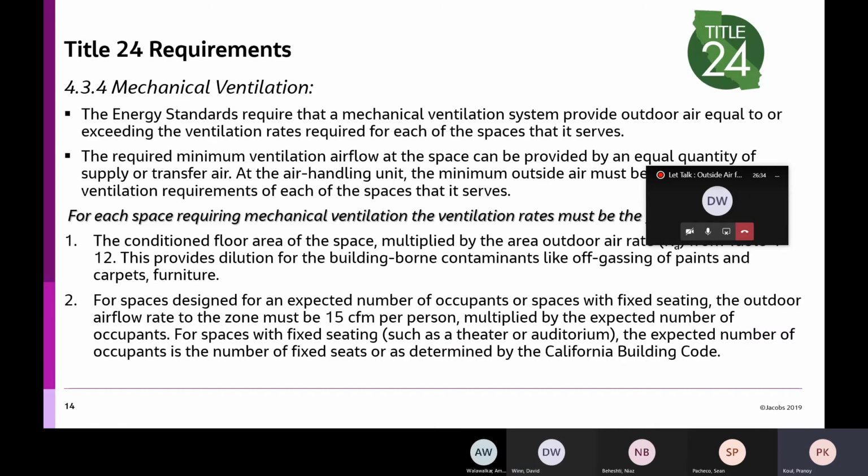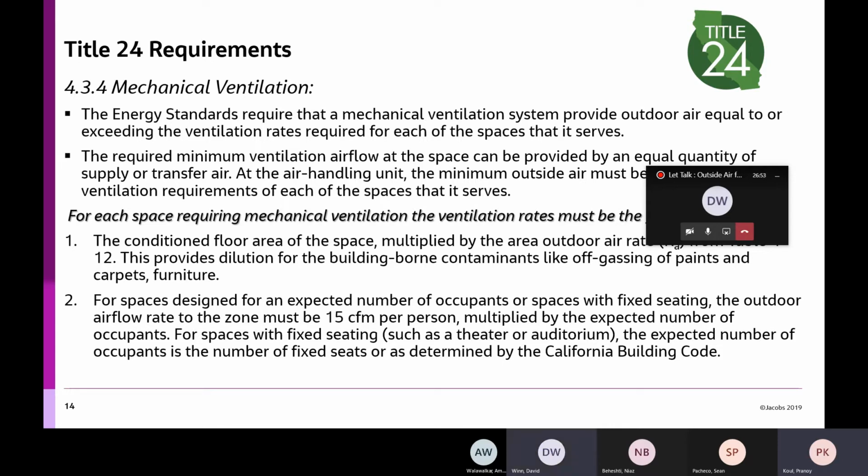Okay, so for Title 24 requirements, specifically talking about mechanical ventilation right now. These require that a mechanical ventilation system provide outdoor air equal to or exceeding the ventilation rates required for each of the spaces that it serves.